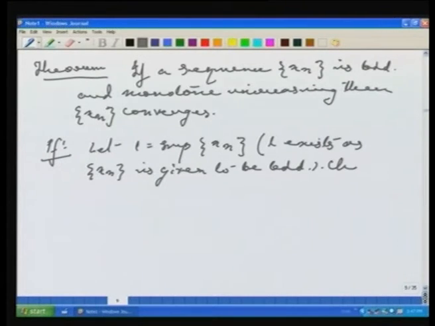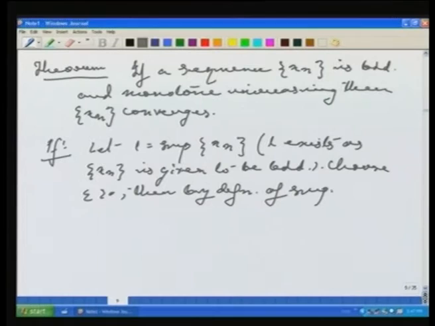Choose epsilon bigger than 0, then by definition of supremum there exists capital X n such that capital X n belongs to (L minus epsilon, L plus epsilon).